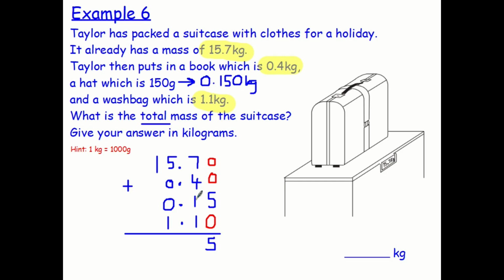Plus another one, 12, 13. 5 plus 0 plus 0 plus 1 is 6, plus another one is 7. And this one is just on its own there, so it's just a 1 there. So it's 17.35 kilograms. And that is the final mass of the suitcase.